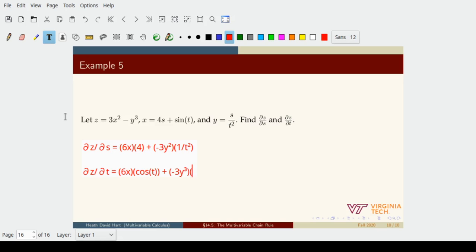That t is in the denominator, so we think of it as t to the negative 2 power. Negative 2 comes down, and then the t to the negative 2 becomes t to the negative 3. All right, and those are the partial derivatives.